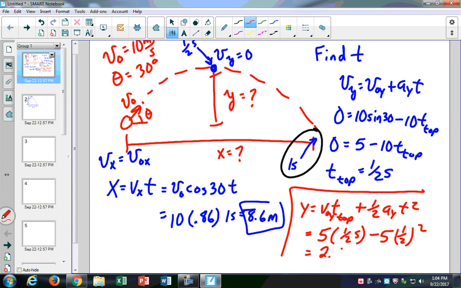That's 2.5 minus 1.25, which is 1.25 meters.